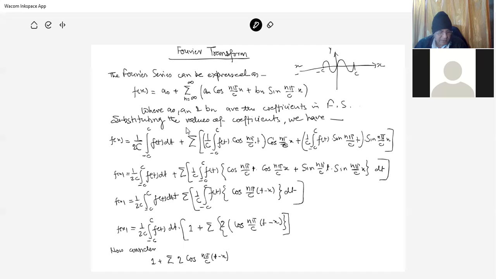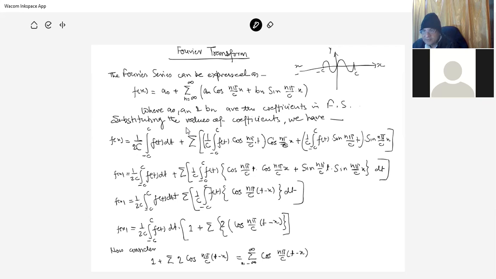In this case, this can be expressed as summation from minus infinity to plus infinity over n of cos(n pi by c (t minus x)).